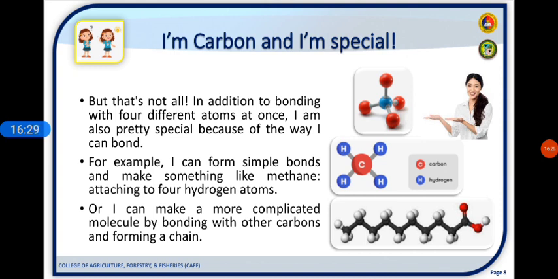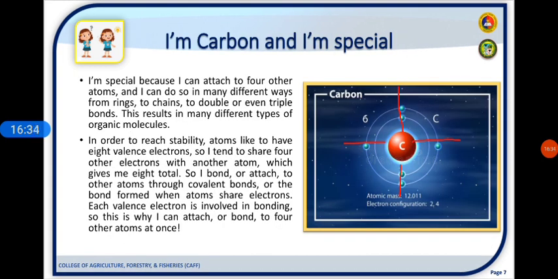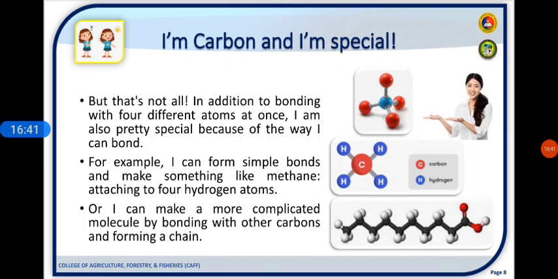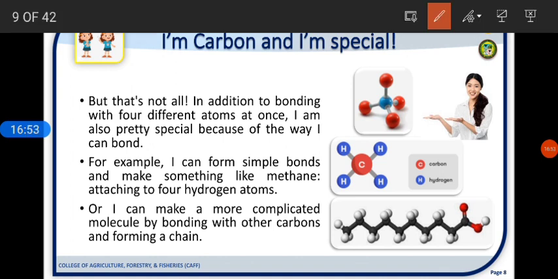Carbon has a valence electron count of 4, or its outermost electrons are 4. Because of that, it can attach to atoms in order to share electrons. In this case, 4 hydrogen atoms, 1, 2, 3, 4, are sharing electrons with the central carbon atom.